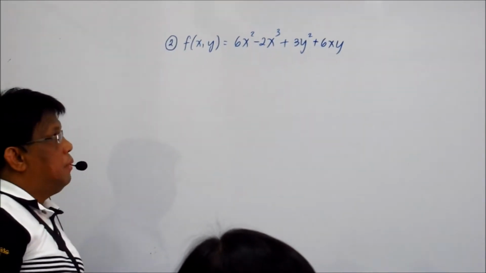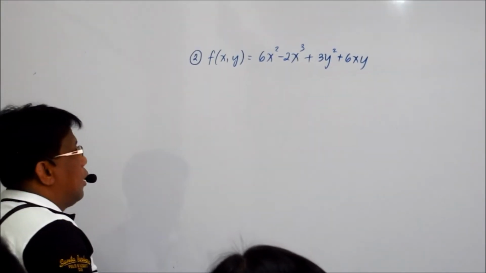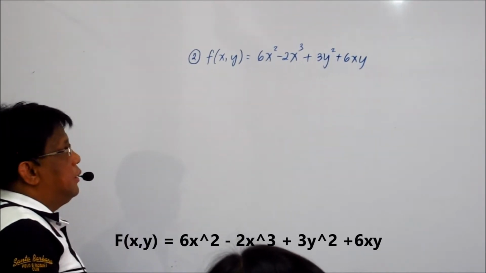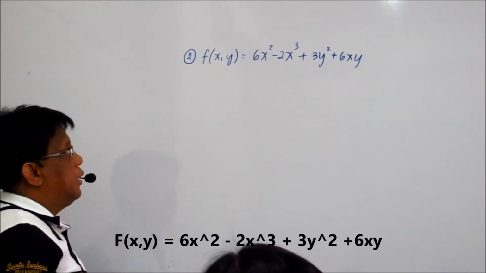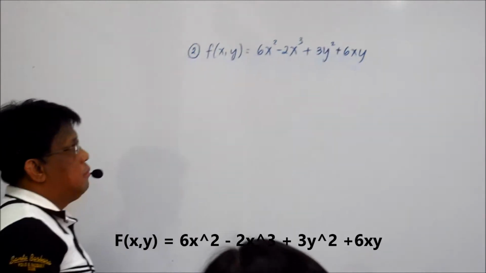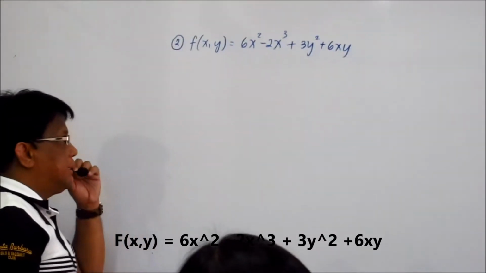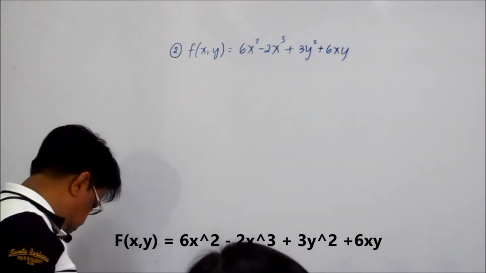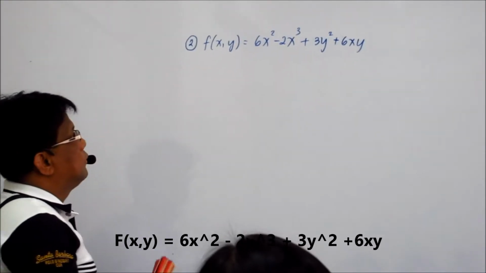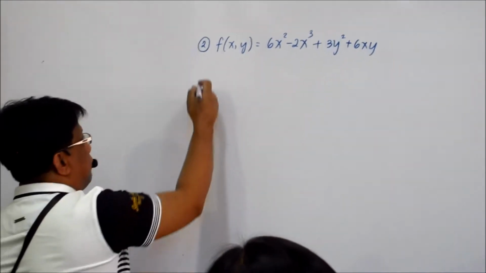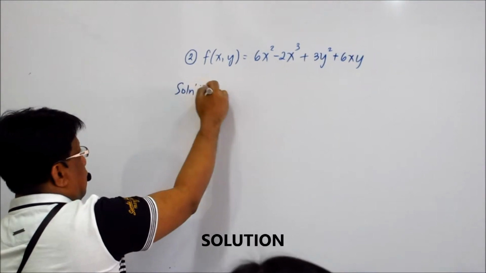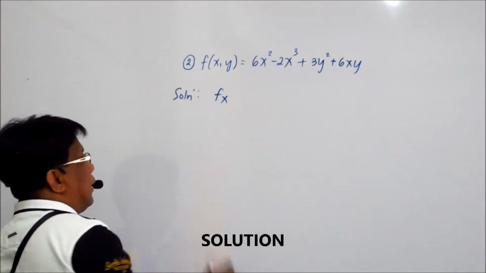So, maxima and minima. If we are given here the function f of x, y equals 6x squared minus 2x cubed plus 3y squared plus 6xy. So let us now define first the first derivative of the function with respect to x.